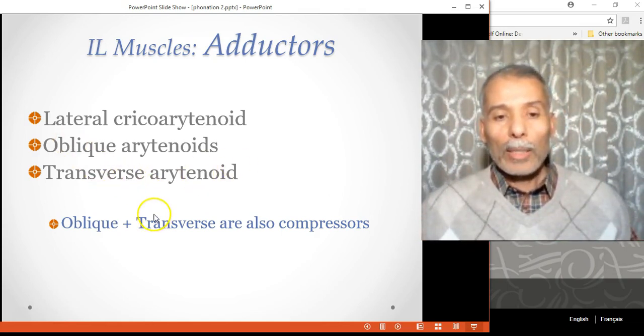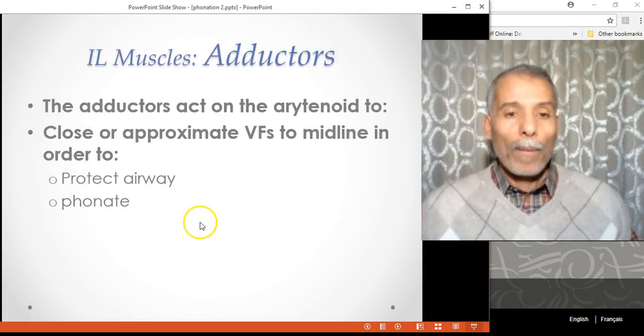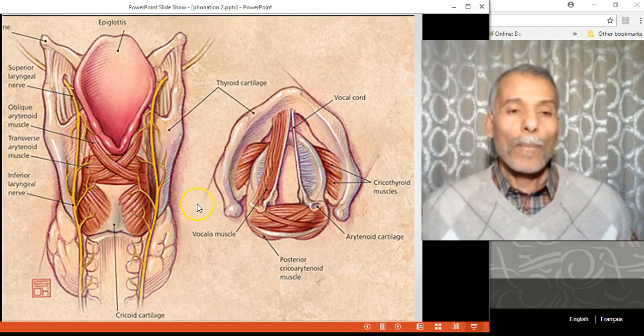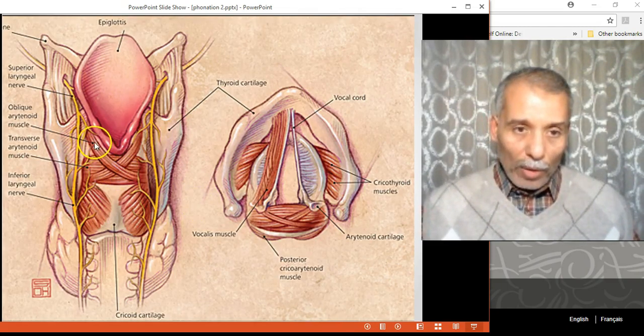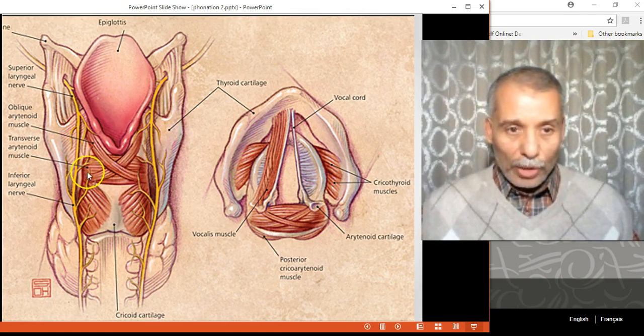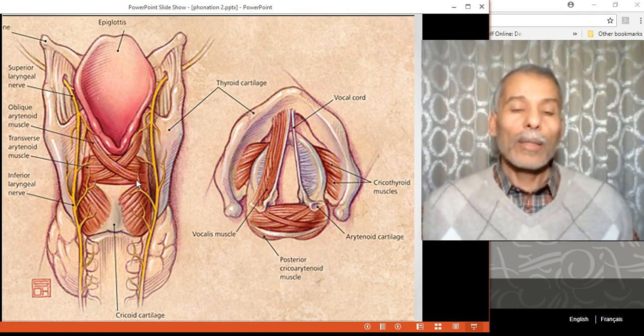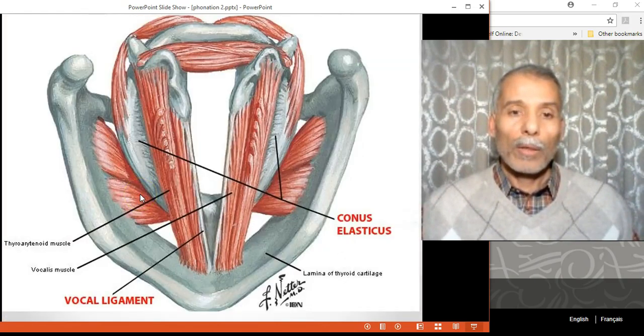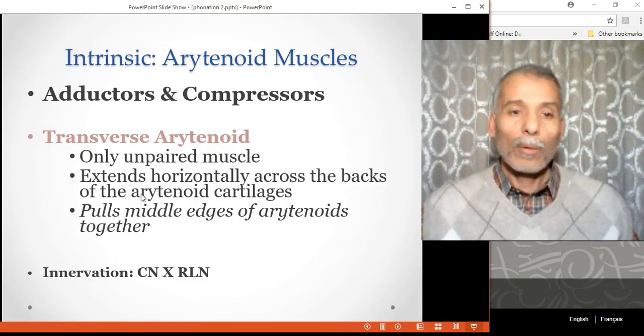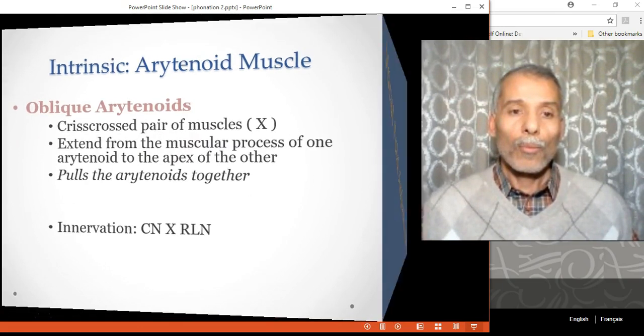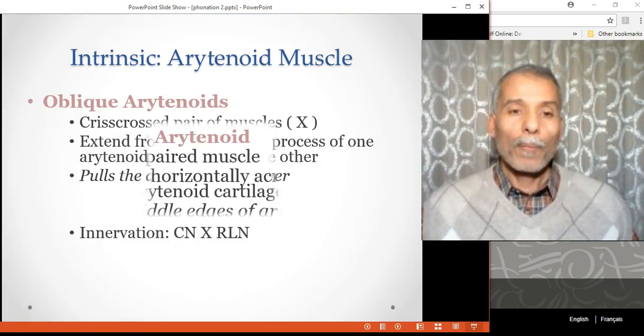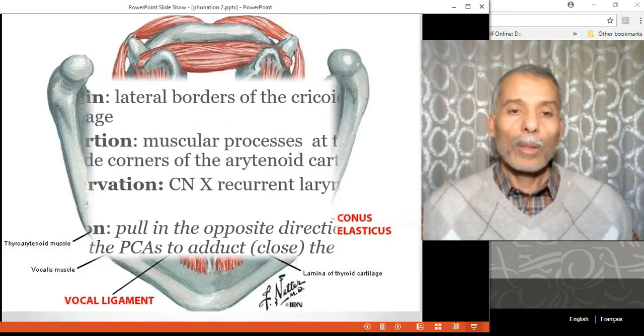So the oblique arytenoid is an X-shaped muscle, and the way it works, let's see if I have. Okay, let me explain it.